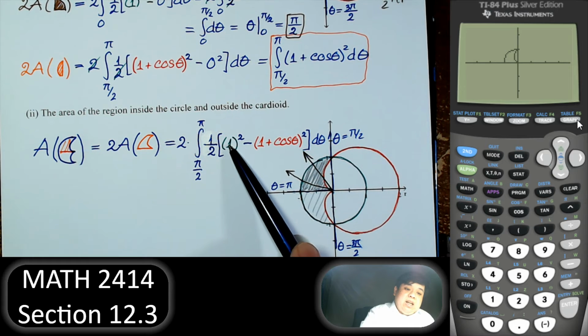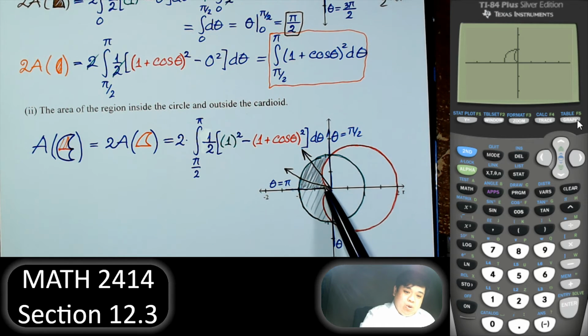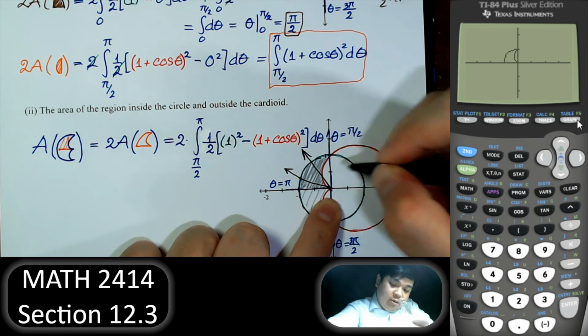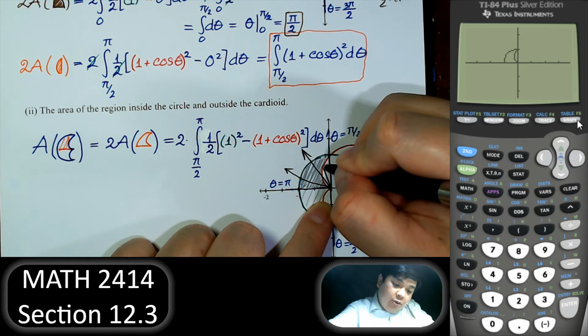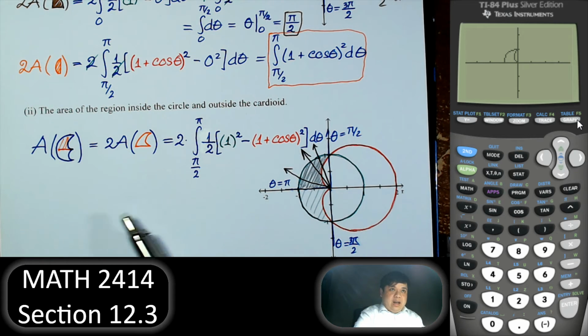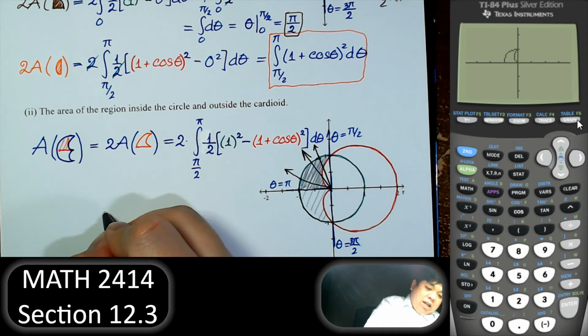The radius here, the r here is bigger than that. On the graph, we see when we're looking out from the center and looking out, we see the cardioid first, and then we see the circle. So that's what the integral is. Of course, the 2 and the 1/2 can cancel out.